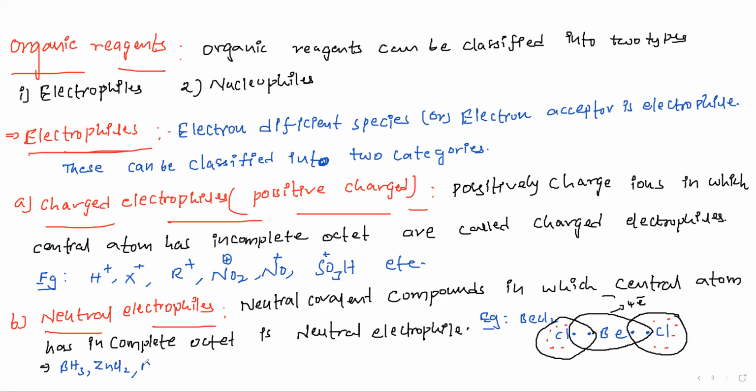And AlX3, and FeX3, where X is a halogen. And next CH3 free radical, and CH2 methylene free radical, etc.